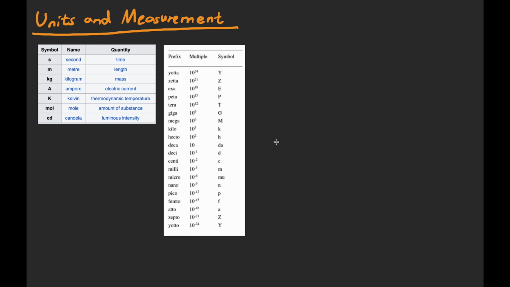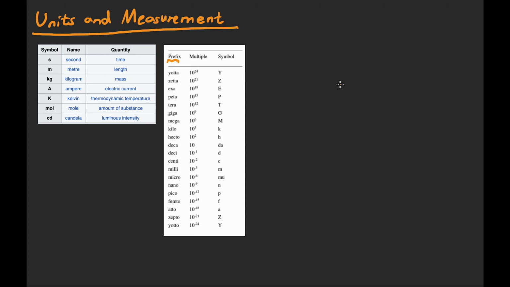When dealing with measurements, you're most likely going to encounter these prefixes. These prefixes are basically describing how we want to write our quantity.